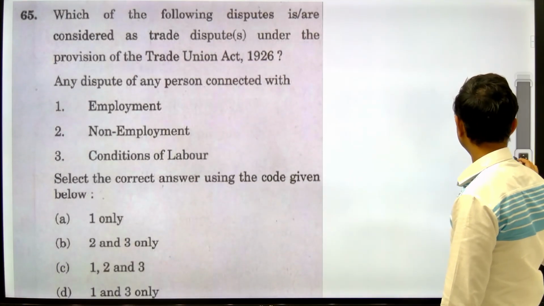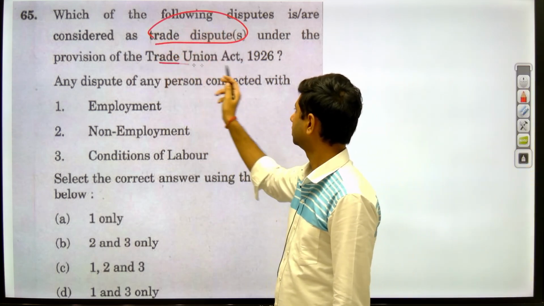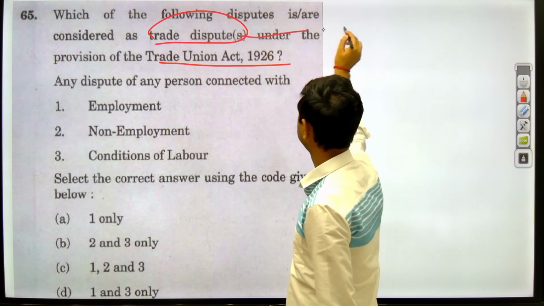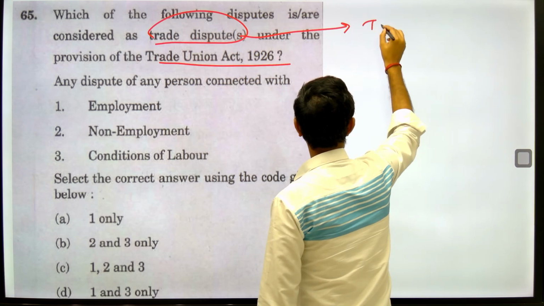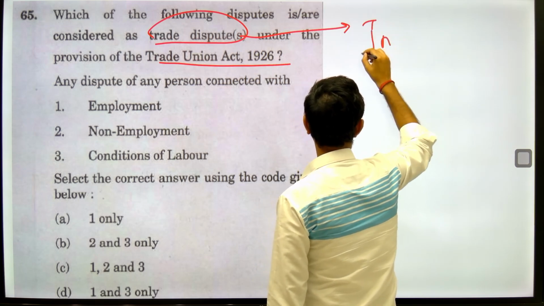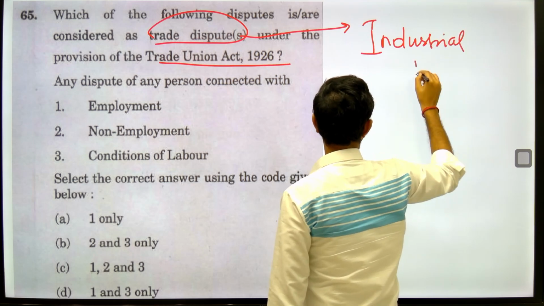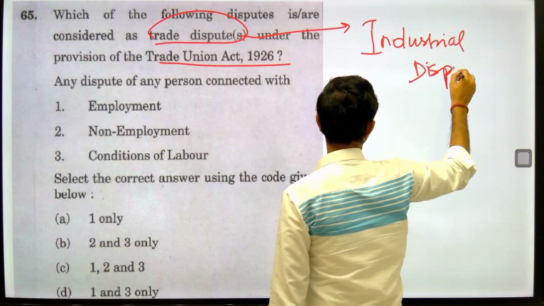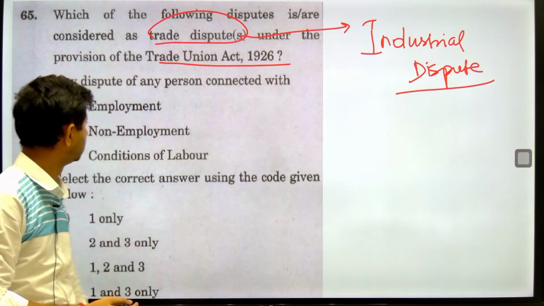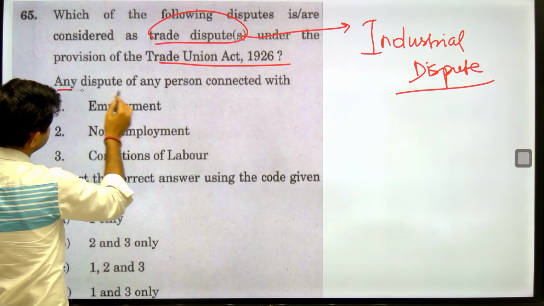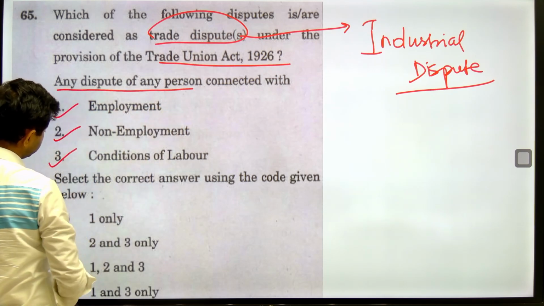Next is about the definition of trade dispute under the Trade Unions Act 1926. Trade dispute is right now termed industrial dispute in the Industrial Relations Code. Try to solve this question: any dispute of any person connected with employment, non-employment, conditions of labor.